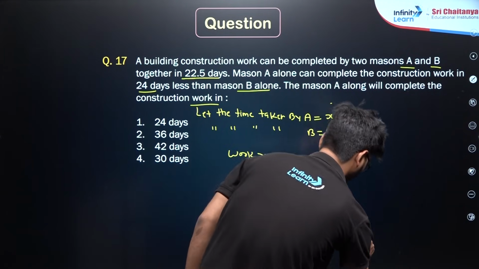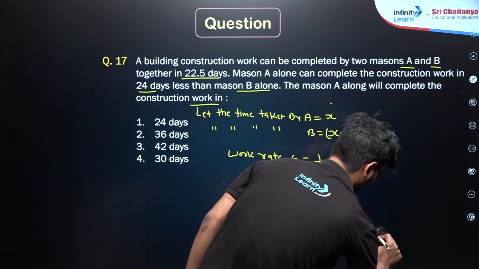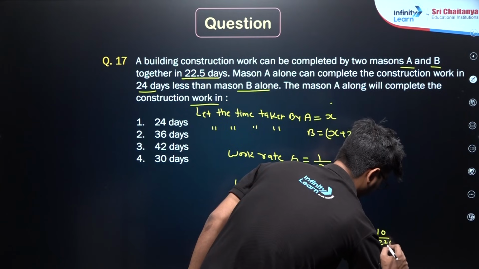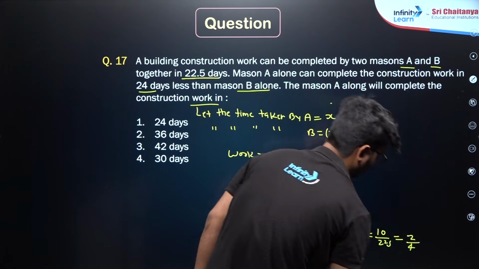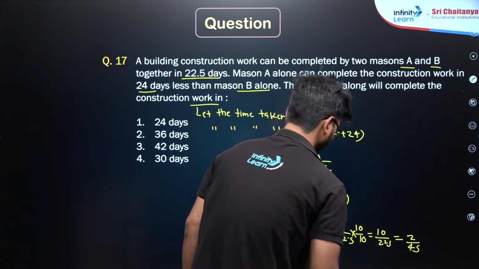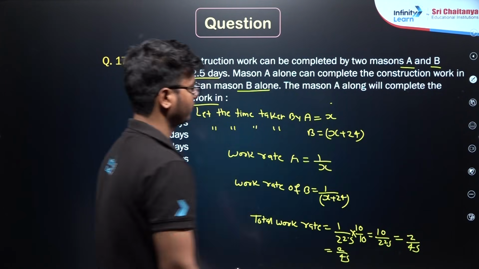I can multiply throughout by 10, both numerator and denominator, so I am getting 10 upon 225. Now if I cancel by 5, 5 1s are 5, 5 2s are 10, 5 4s are 20, and 5 5s are 25. So finally we are getting 2 upon 45, correct?